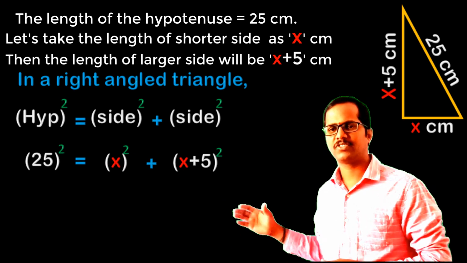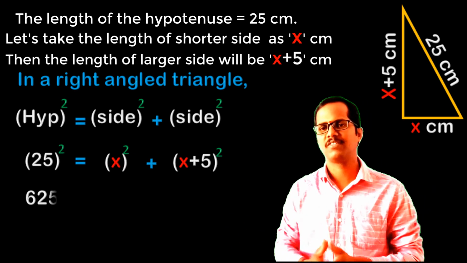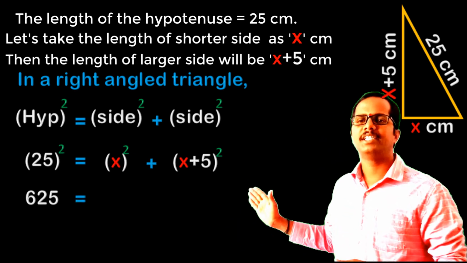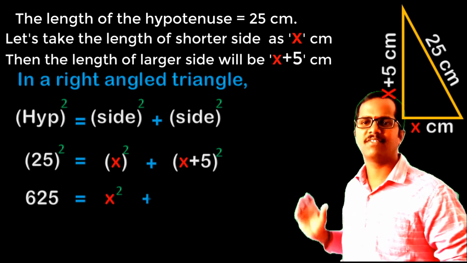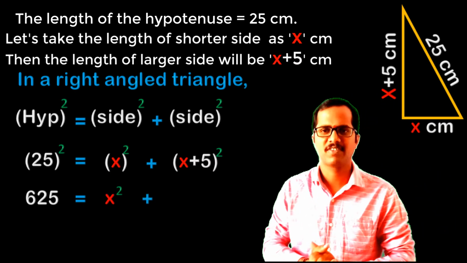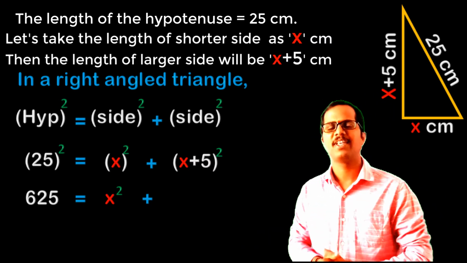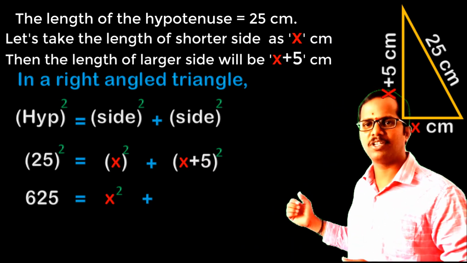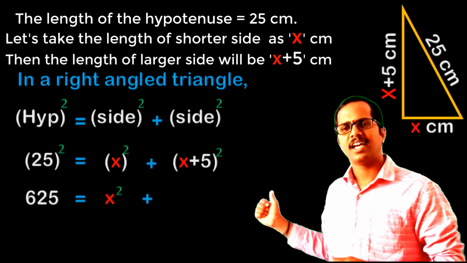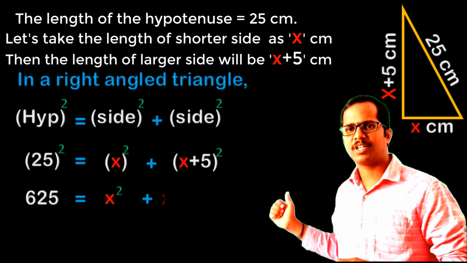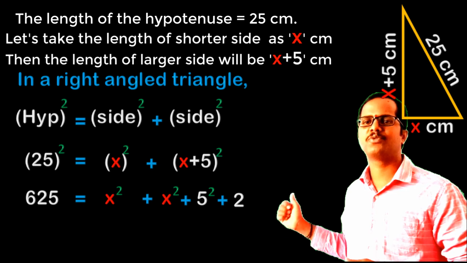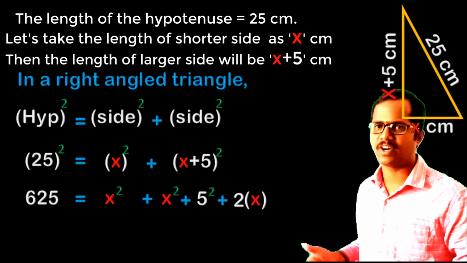Now by simplifying this, 25 square equals 625, plus x square, plus this x plus 5 whole square is in the form of a plus b whole square algebraic identity, and we all know very well a plus b whole square equals a square plus b square plus 2ab. Using this identity we can write a square as x square, b square as 5 square, plus 2ab, 2 into x into 5.